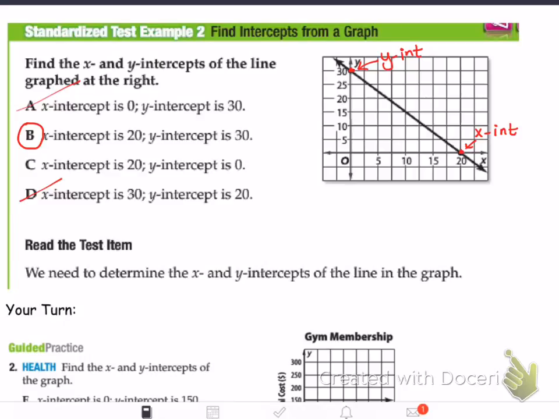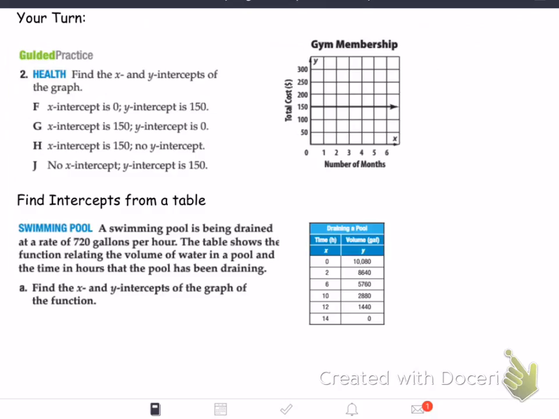Let's scroll down a little bit to keep going. Number 2 says, find the x and y intercepts of the graph. Go ahead and circle F, G, H, or J based on the gym membership graph. So you'll notice that's where your line crosses the y-axis, but this is a horizontal line, and if you think about it, it's going to go on forever and ever.